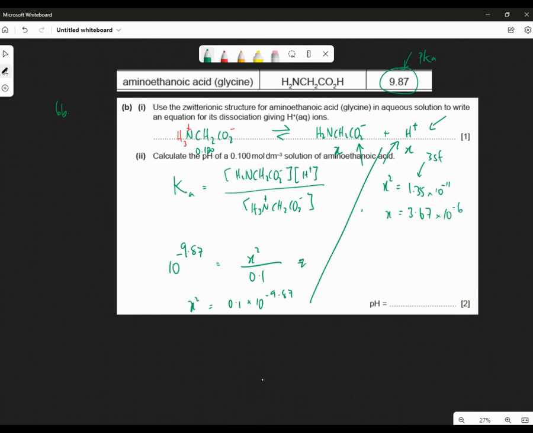This is x, which is also the concentration of H plus, isn't it? So if I find the minus log of this, it says 5.43. So I'm going to guess the pH is 5.43.